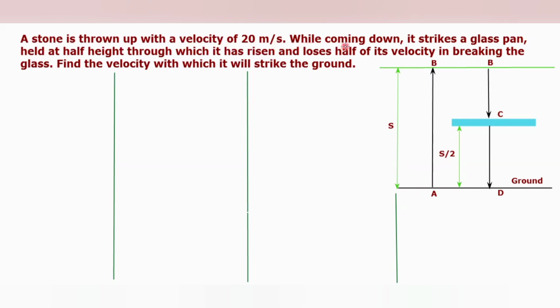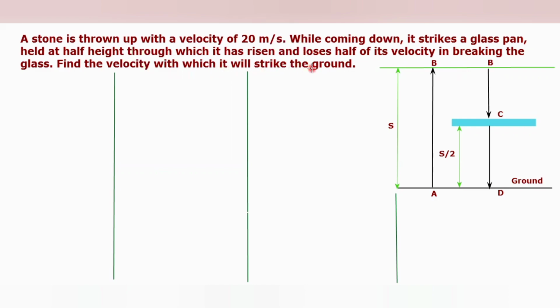While coming down, it strikes a glass pan held at half height through which it has risen and loses half of its velocity in breaking the glass. Find the velocity with which it will strike the ground.